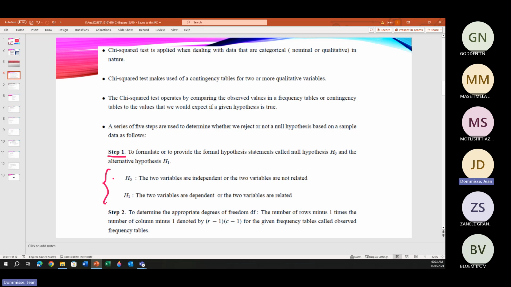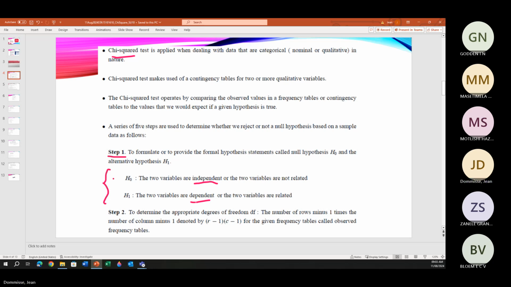And here it's always standard. It's not like in study unit 9 where it could have been bigger or smaller, not equal to, all those kinds of things. In chi-square, the null hypothesis will always be the test for independence, and your alternative will be the test for dependence. Okay, so that is standard.